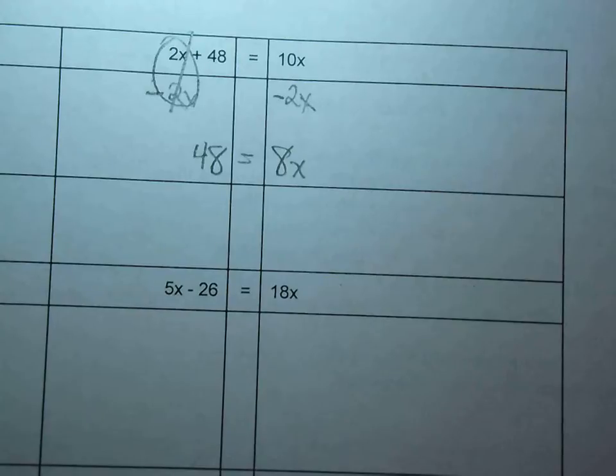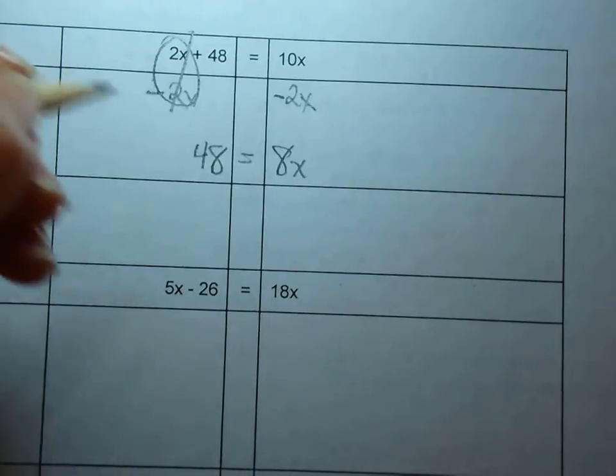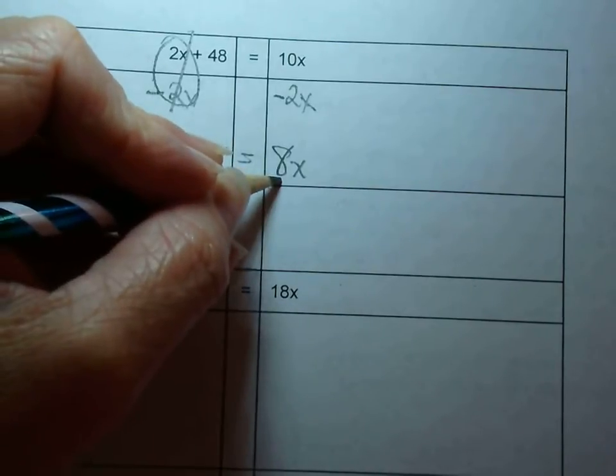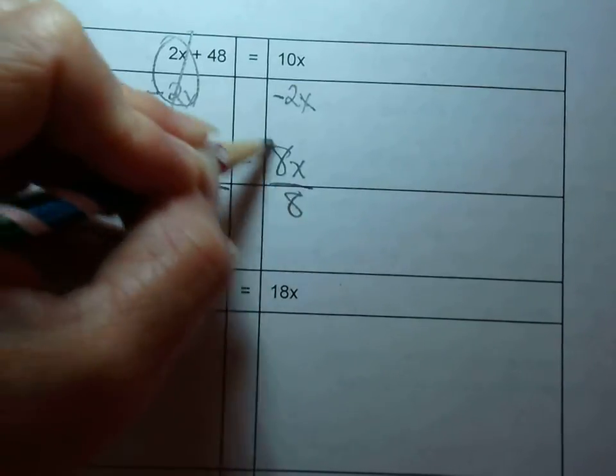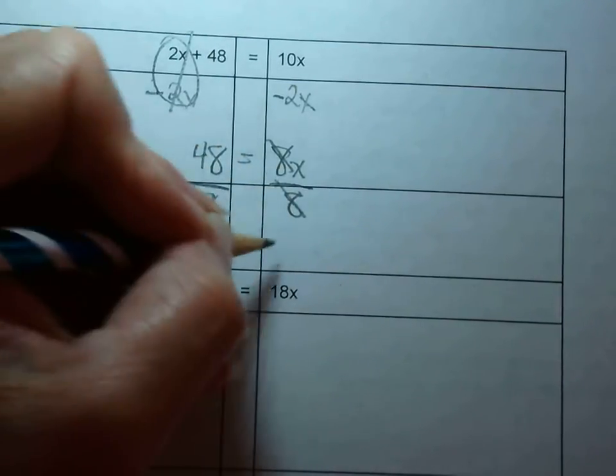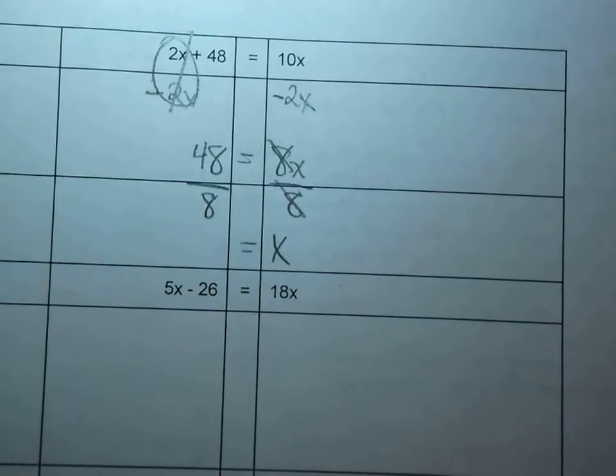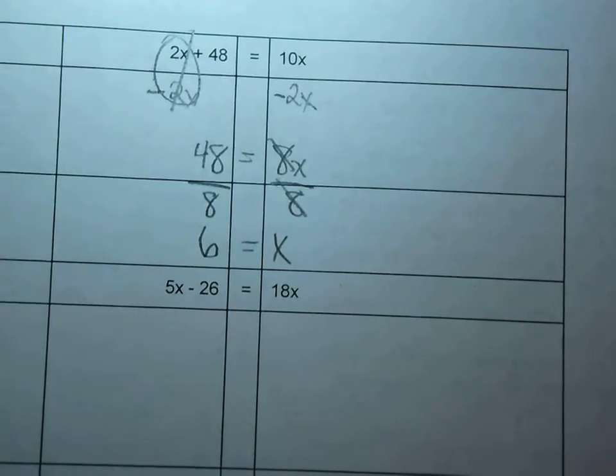You said no, so you can't. You have to do 48 into 8? No, divide them. Okay, we're going to divide both sides by 8 to cancel this out. And I'm left with what? 6. 6 times 8 is 48.